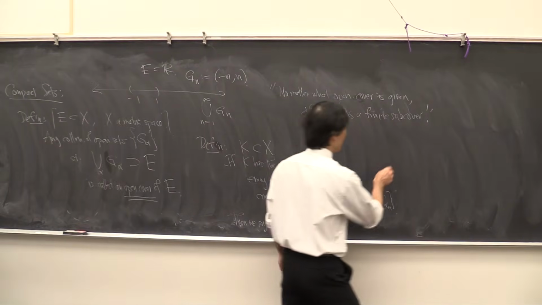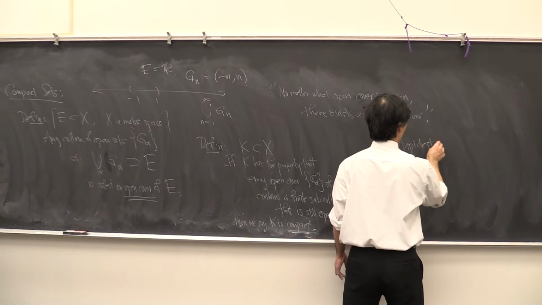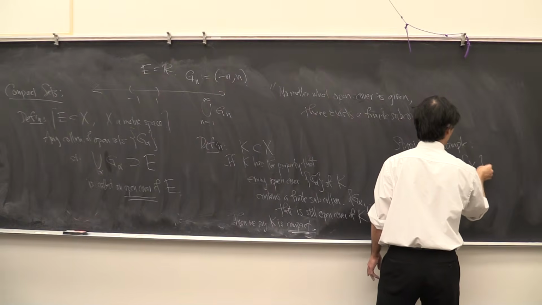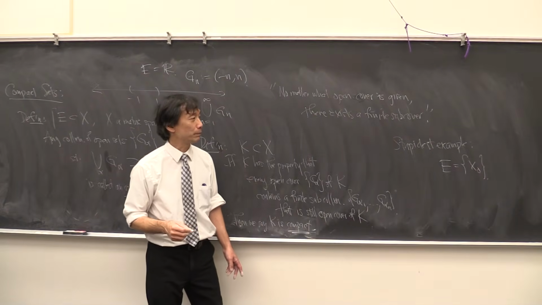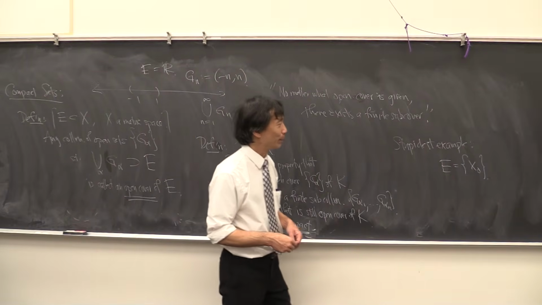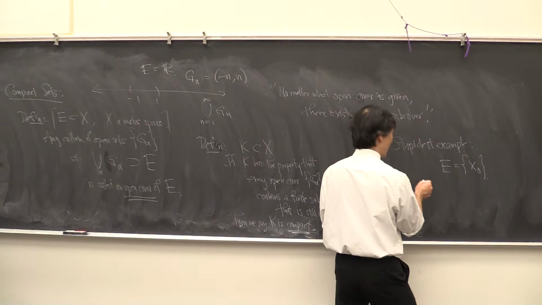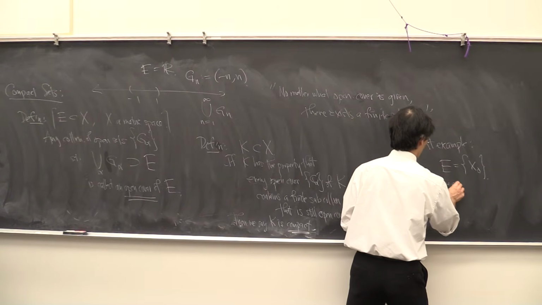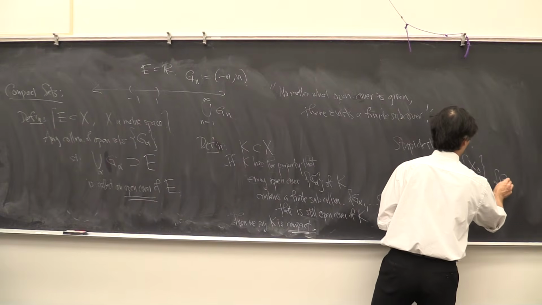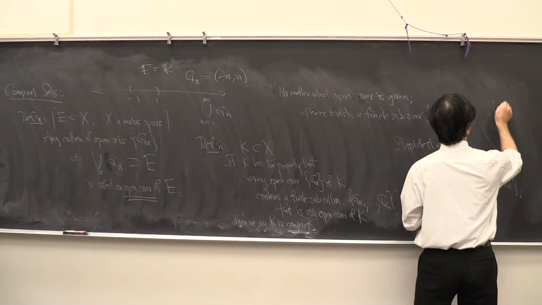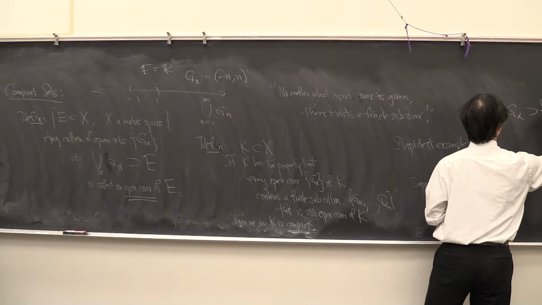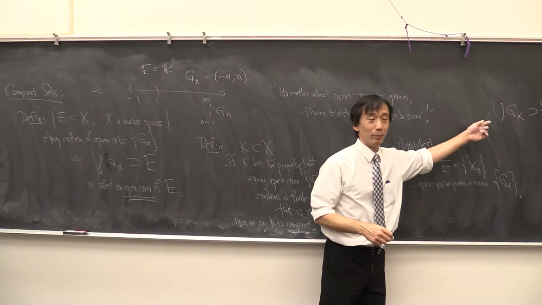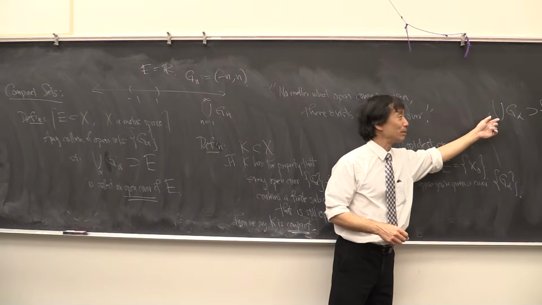I'll begin with the stupidest of examples. Your set consists of a single point. That is a compact set. Because no matter what cover you have, suppose somebody gives you a cover, in other words, the union of the G alpha contains your set. Well, one of those had better cover that point, otherwise it doesn't cover.